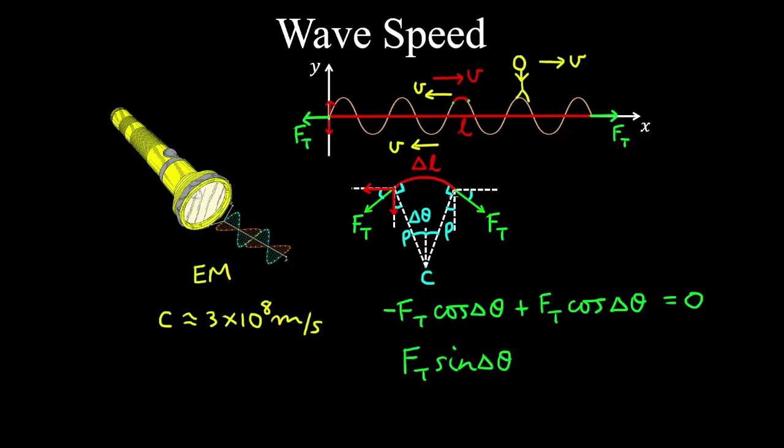And we have two components of force acting downwards, so we multiply by 2. And we're going to use a small angle approximation, meaning that sine of the angle is approximately equal to that angle for angles much less than 1. So therefore we take sine delta theta as delta theta.